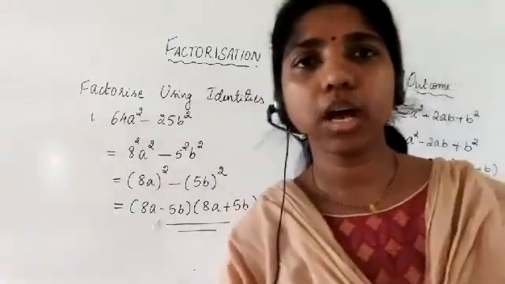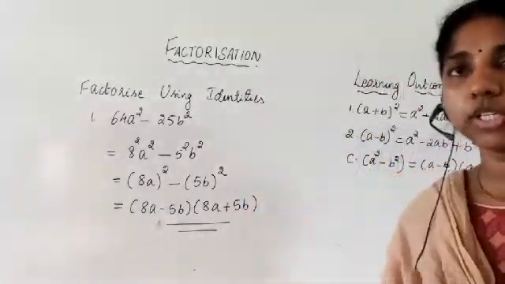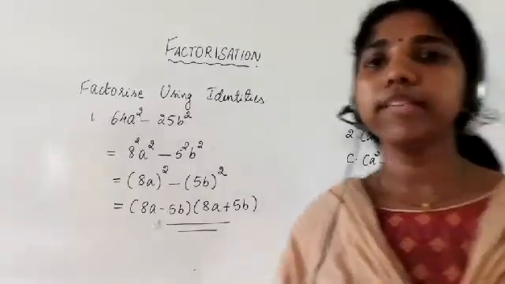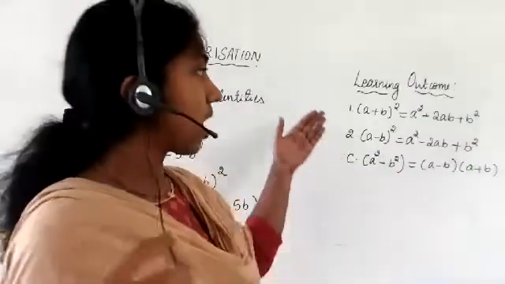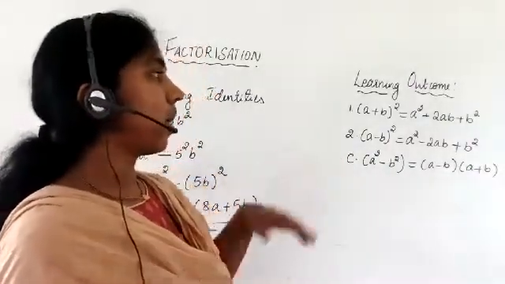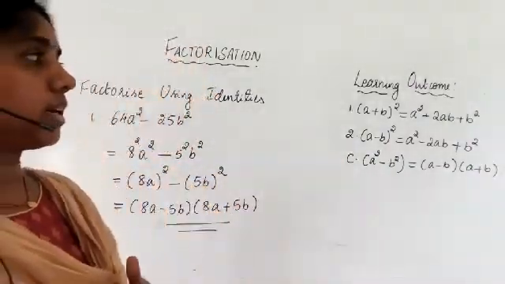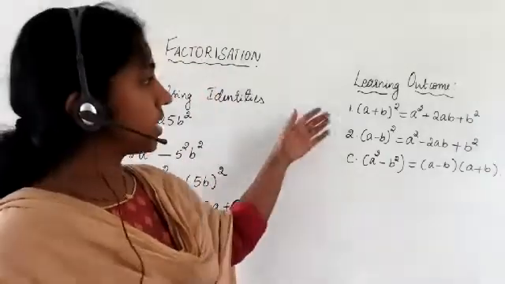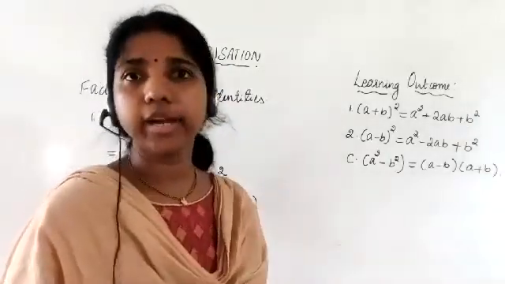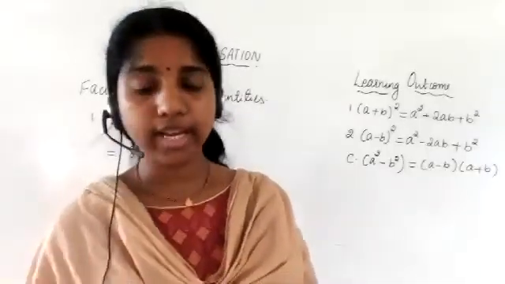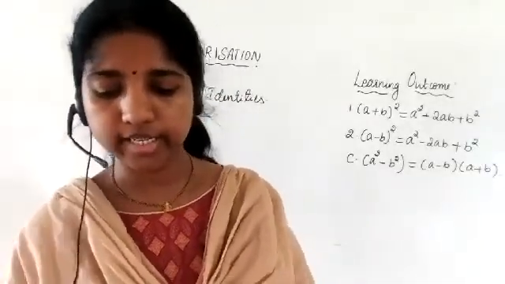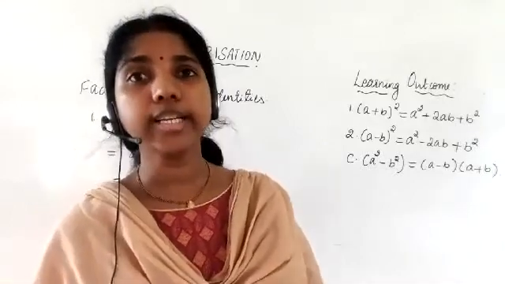This is how we factorize the algebraic expression using this identity. We will solve the other questions and see how to factorize algebraic expressions using these algebraic identities. Let us go for the next question.